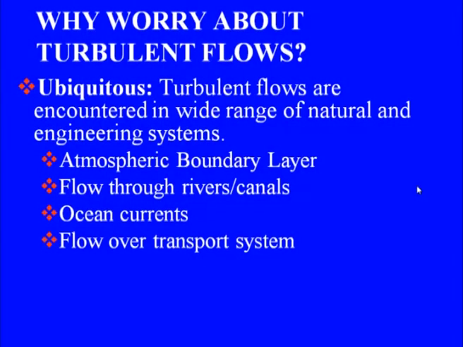Similarly, ocean currents, they are almost always turbulent. Flow over the transport system, it could be any land based, sea based or air transport systems. Flow over them is what we call high speed flows. Higher the speed of a vehicle, more prominent would the turbulence be.